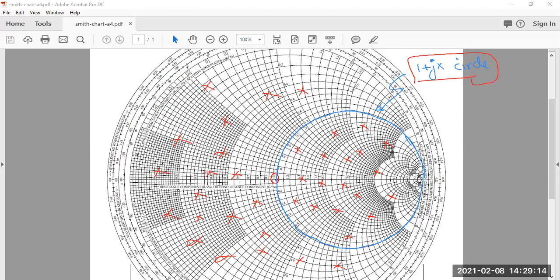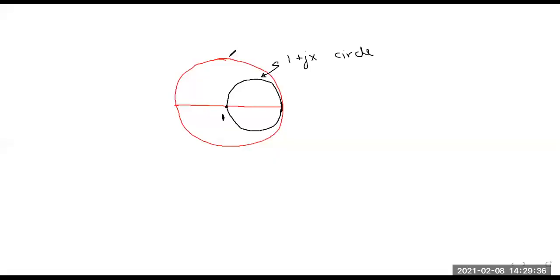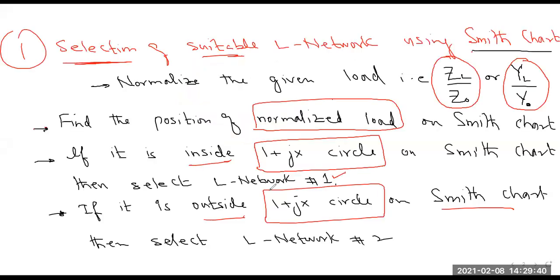Based on the position of the normalized load on the Smith chart, I decide whether L network number 1 or L network number 2 is going to solve our problem. So this is the explanation of this process.